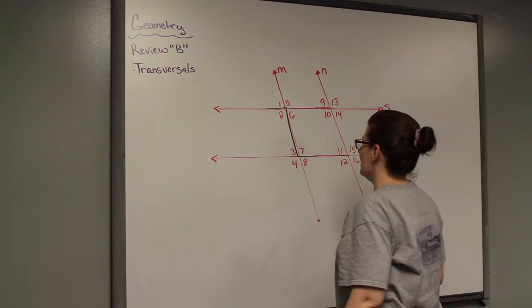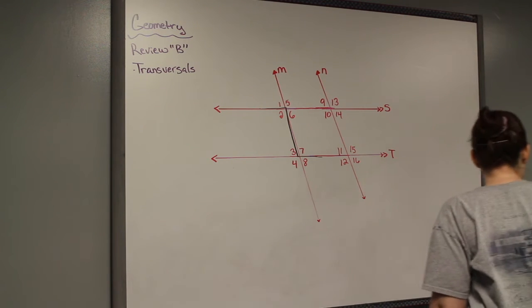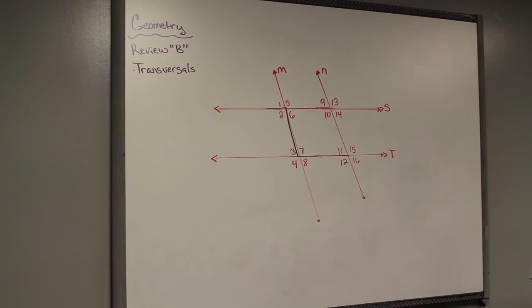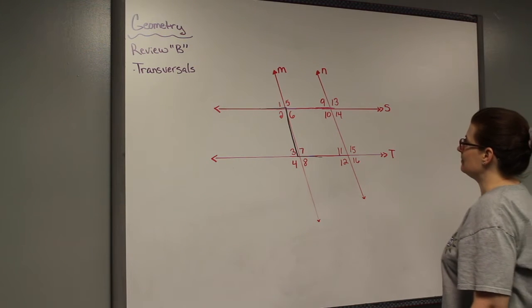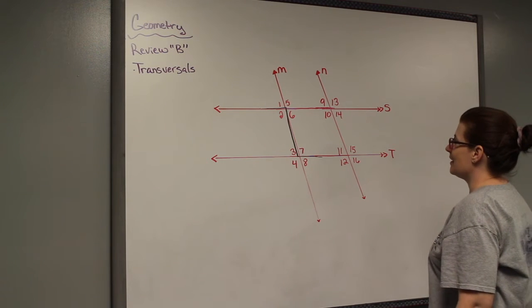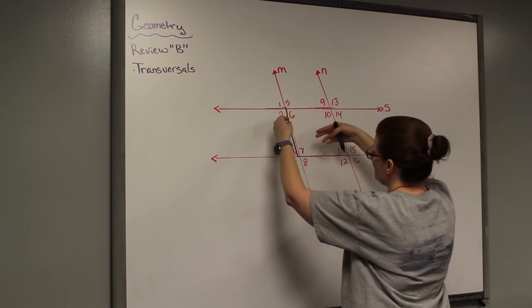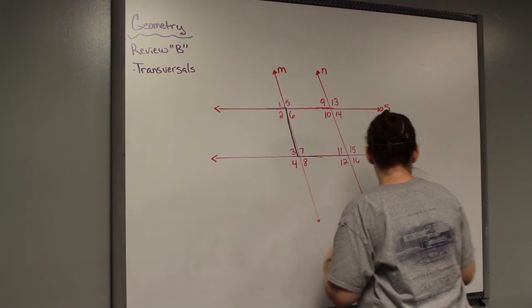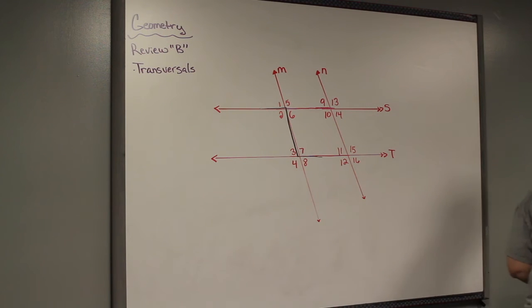I could make another Z somewhere in here. I don't know which ones I would make, but they have to be on opposite sides and interior. You look for the Z pattern, and I'll show you a couple more in a minute.